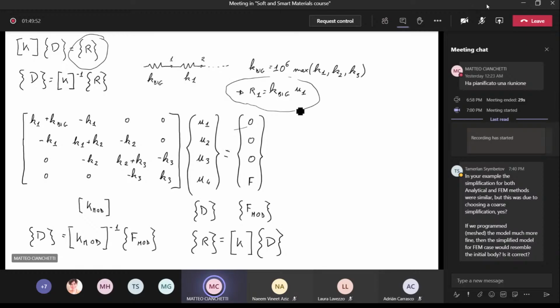And this is the mathematical trick again to have the possibility to invert the matrix. Okay, so we are always dealing with the same system, but we defined R so that in a way, we are also introducing the possibility to have a fixed constraint somewhere.